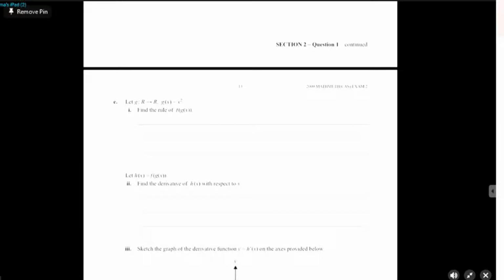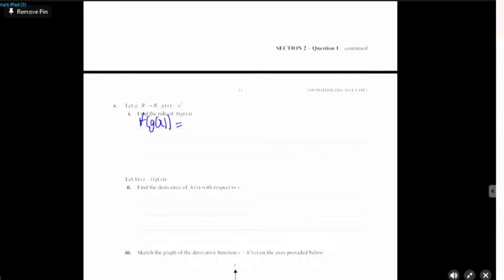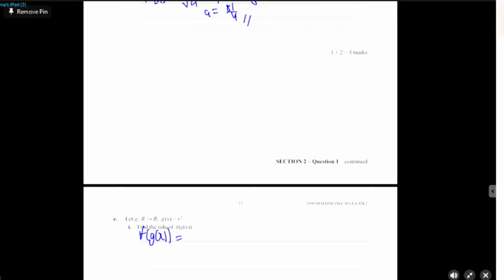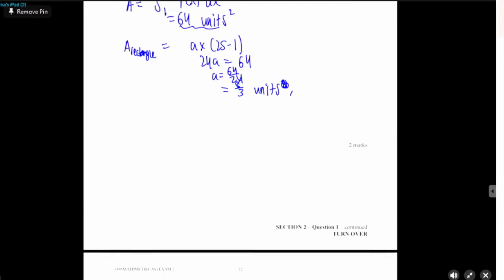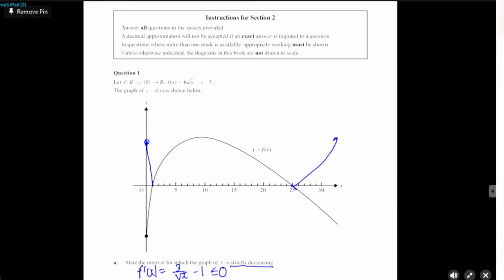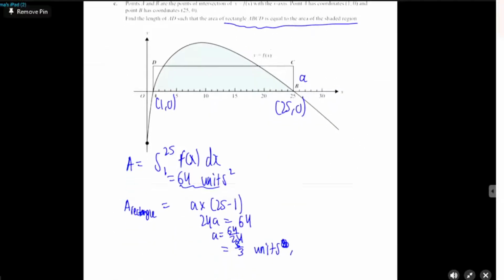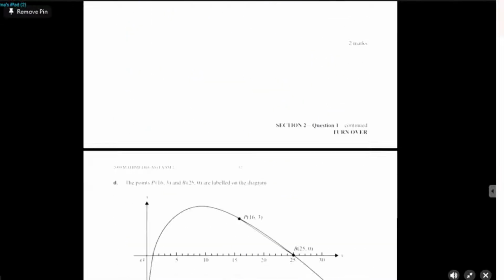For EI, f of gx is just subbing gx into what fx is. Fx is equal to 6 root x minus x take away 5.